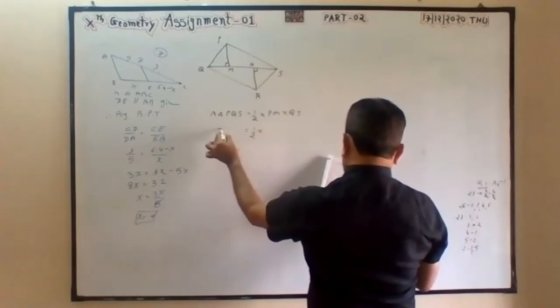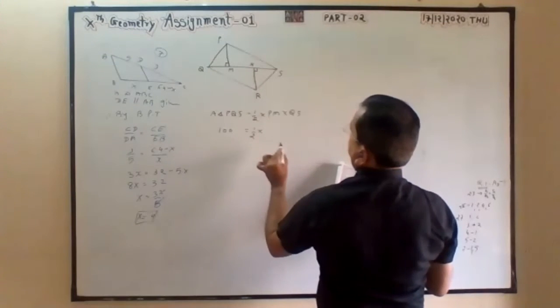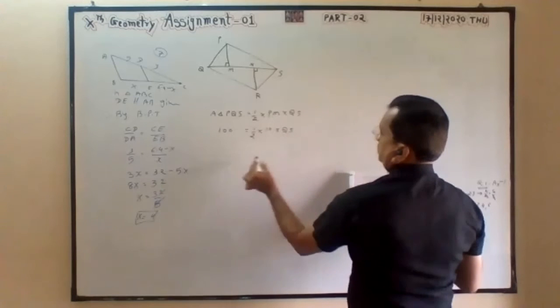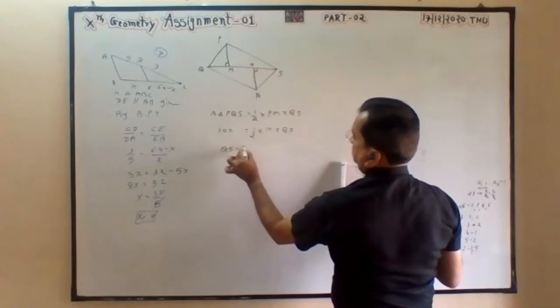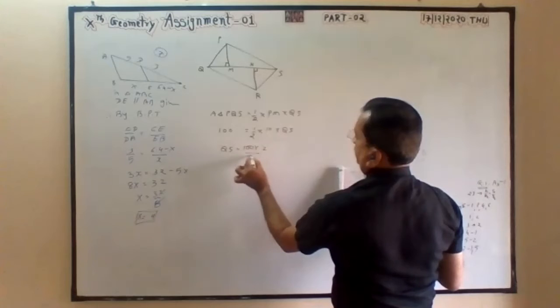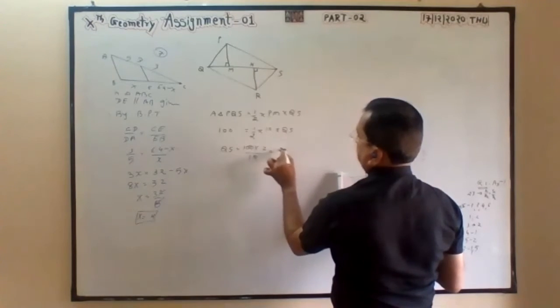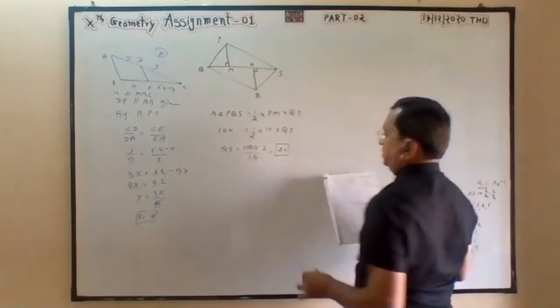Half, area is given 100, PN is given 10. So QS is equal to 100 into 2 divided by 10, which is 20.